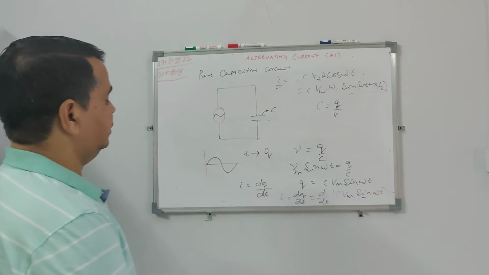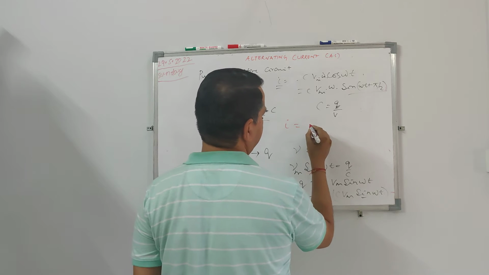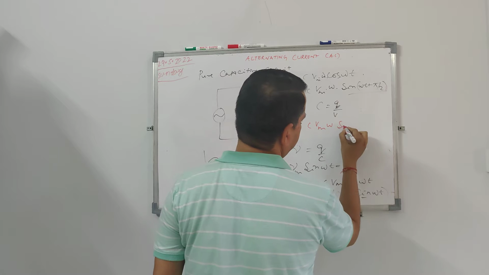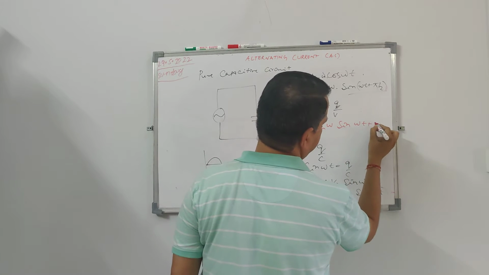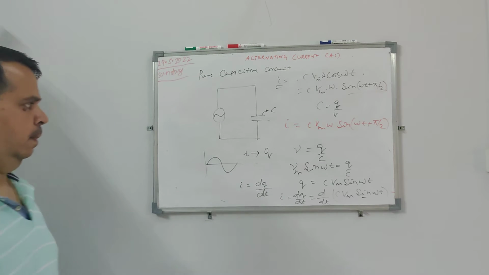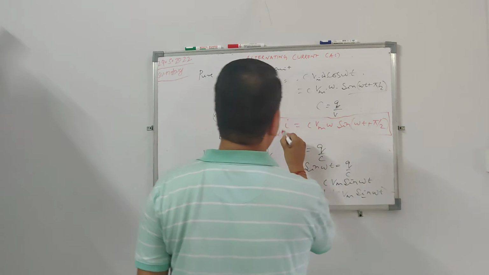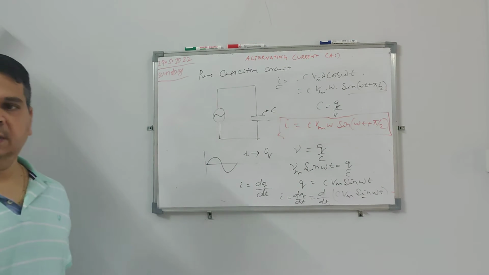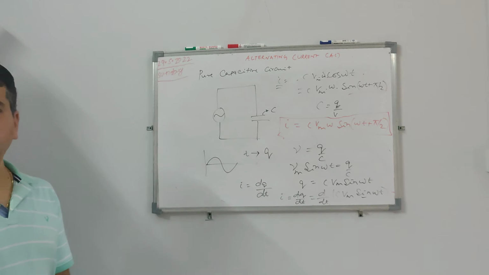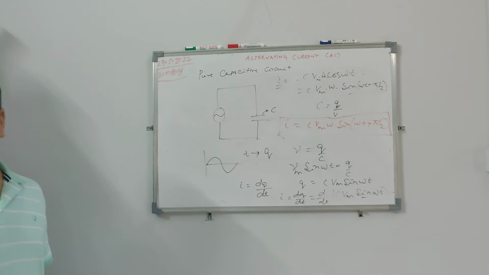My governing equation for a capacitive circuit is I is equal to C Vm omega sin omega t plus pi by 2. Earlier, for the inductor, it was Vm by XL sin omega t minus pi by 2. Here you can see current is leading, voltage is lagging. Current is leading means voltage is lagging.